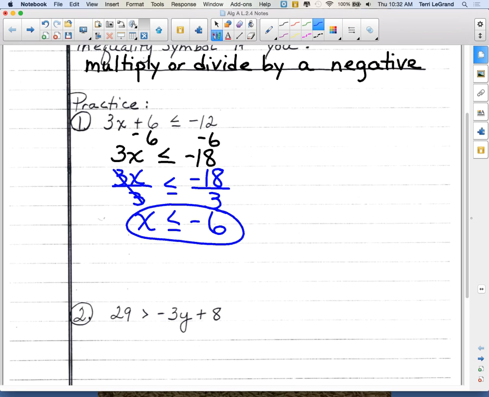So here's our algebraic solution, our solution that says all real numbers less than or equal to negative 6 would make that inequality true. Go ahead and graph it because you, of course, have had lots of practice at this.